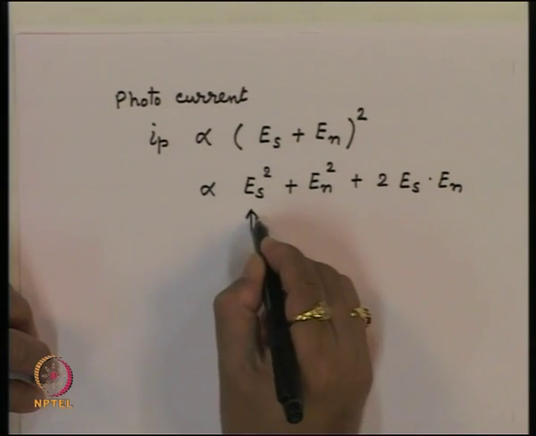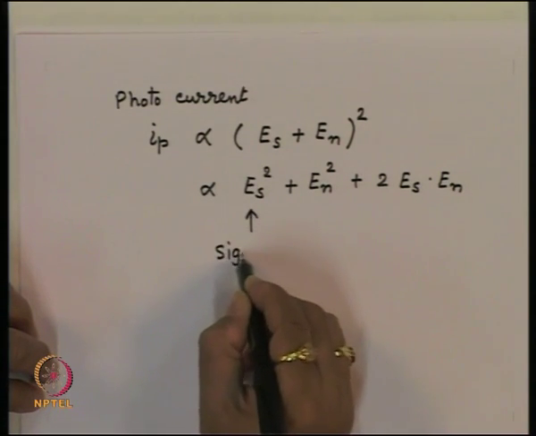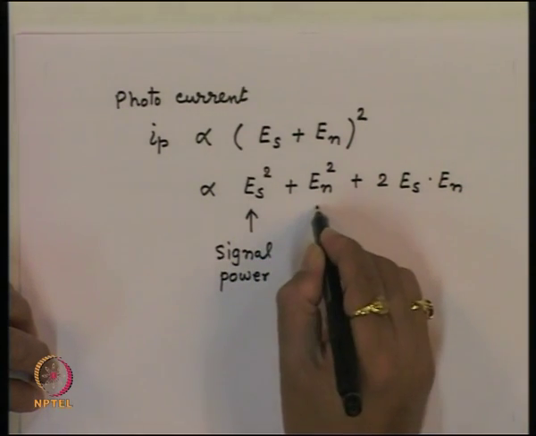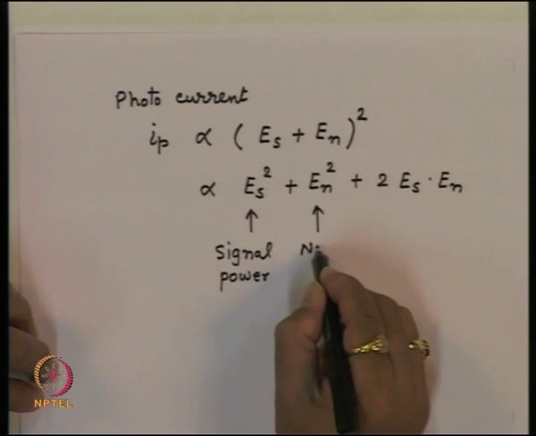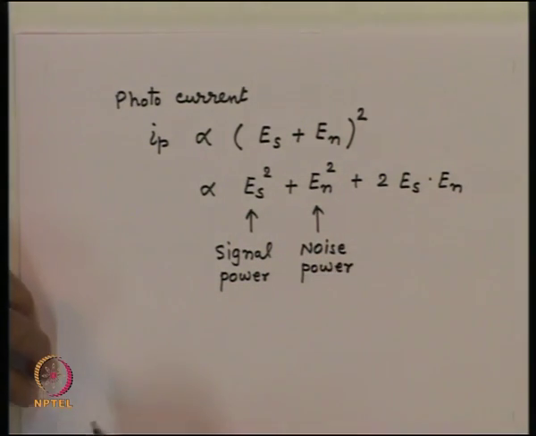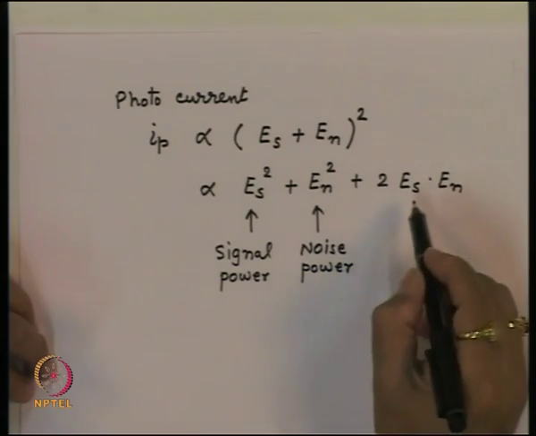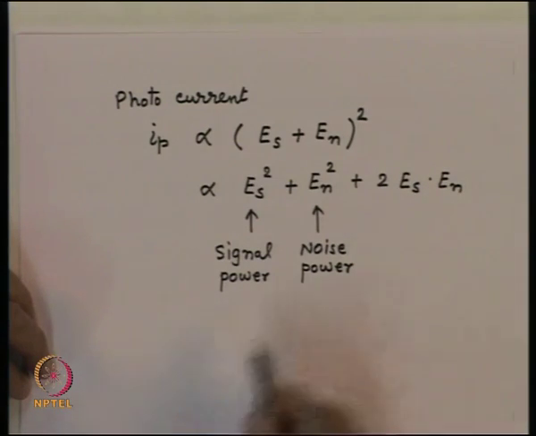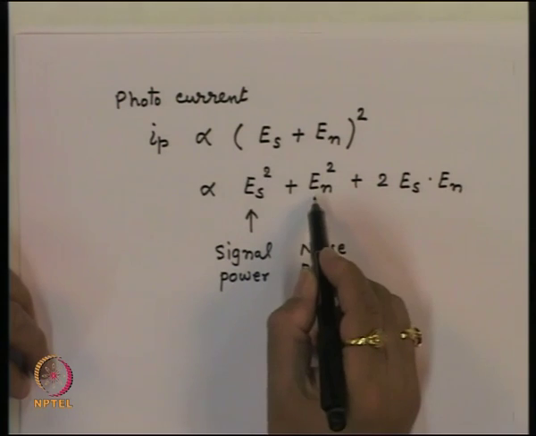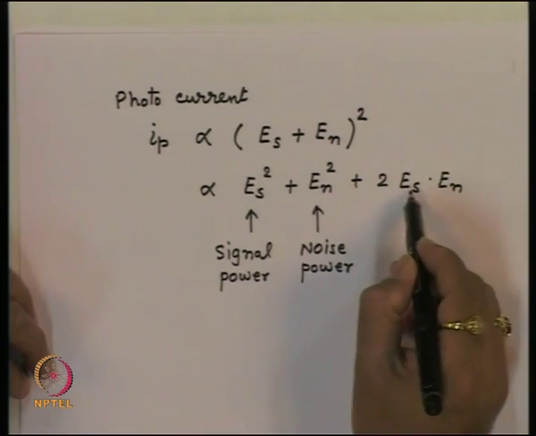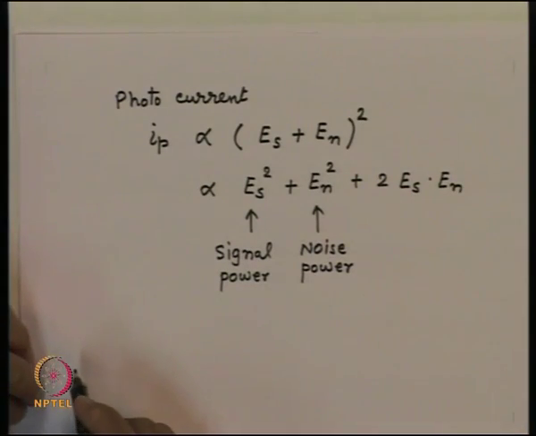So this is nothing but your signal power. This is the noise power in the ASE. But we have now an additional term which looks like noise, because we have a product here with respect to En, but its amplitude is not as low as this, because this quantity is multiplied by Es, so it becomes proportional to the signal power.